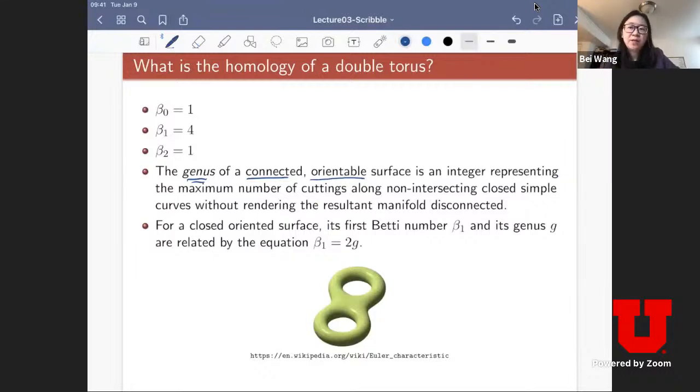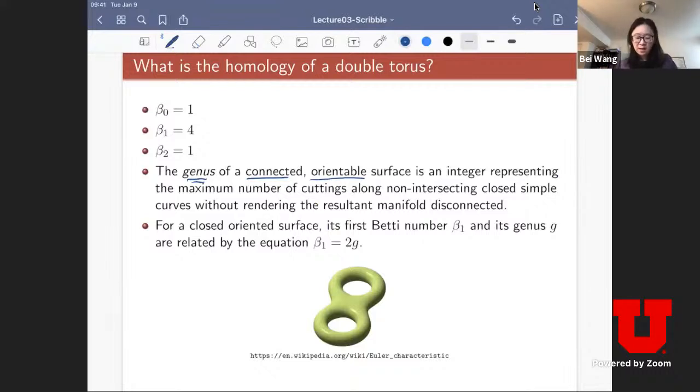Orientable, on a high level, means that if I triangulate the surface, I can assign an orientation to each triangle on the surface, and I can do this assignment in a consistent way. But we'll define it more mathematically later. The genus of the surface is an integer representing the maximum number of cuts along non-intersecting closed simple curves without rendering the resulting manifold disconnected. That is the definition of a genus.